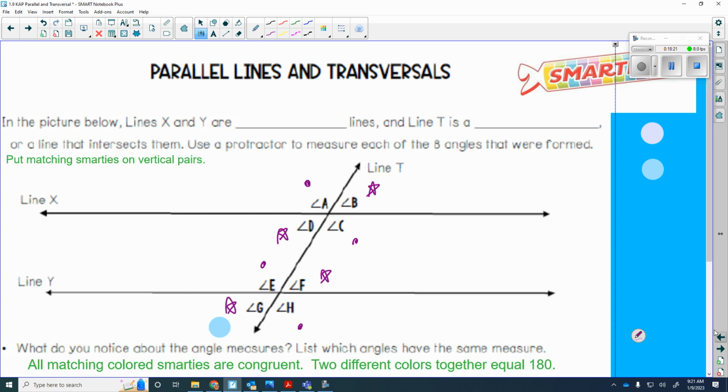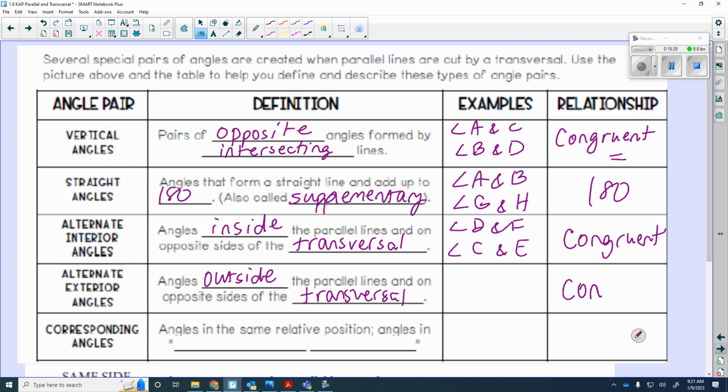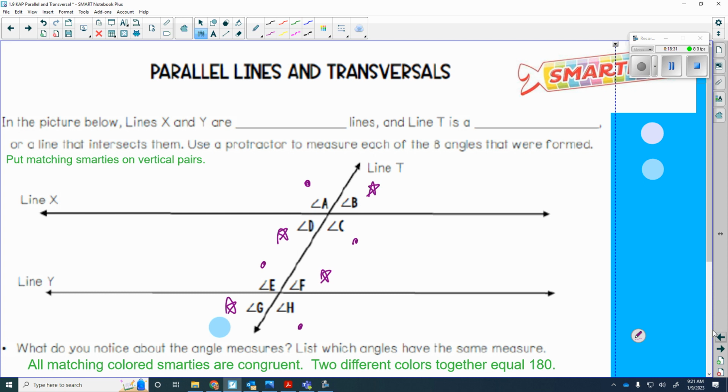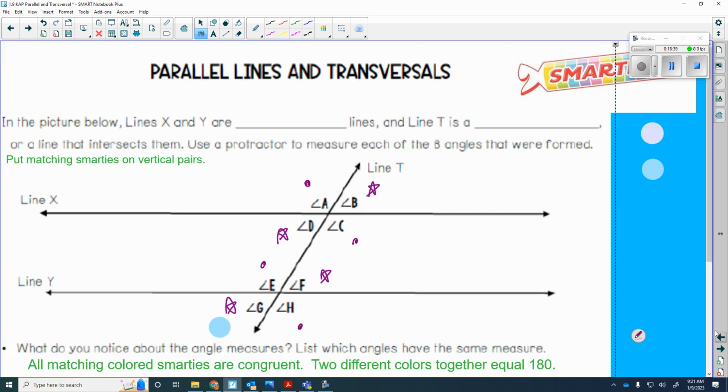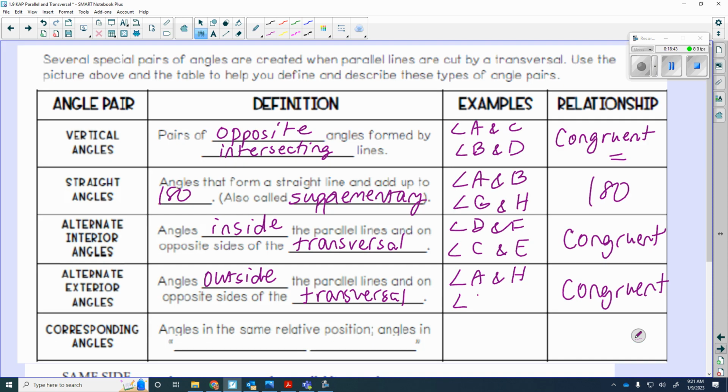Guys, what's their relationship to each other? They are also congruent. So that would be angle A and what? H. And then also angle B and G. Okay?